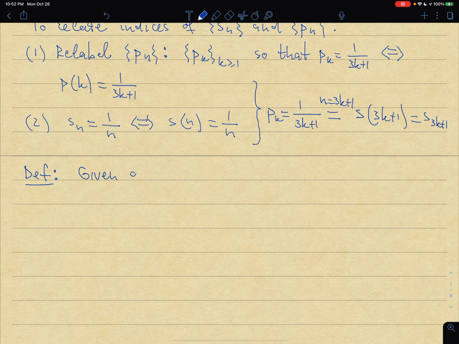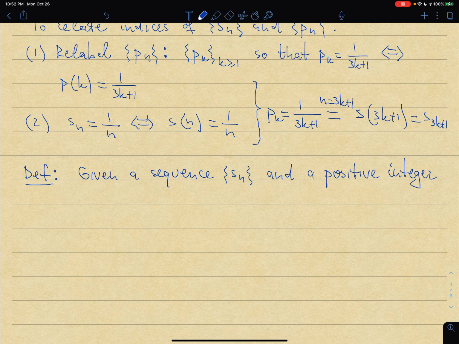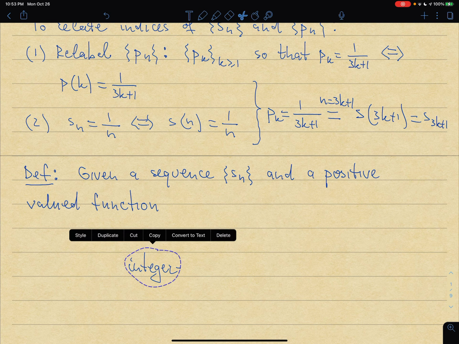Given a sequence Sn and a positive integer valued function, and let me add one more thing here, not just a positive integer valued function, but there is more.